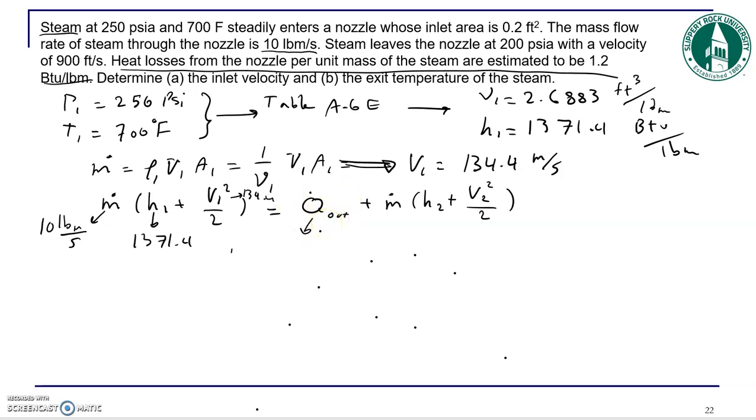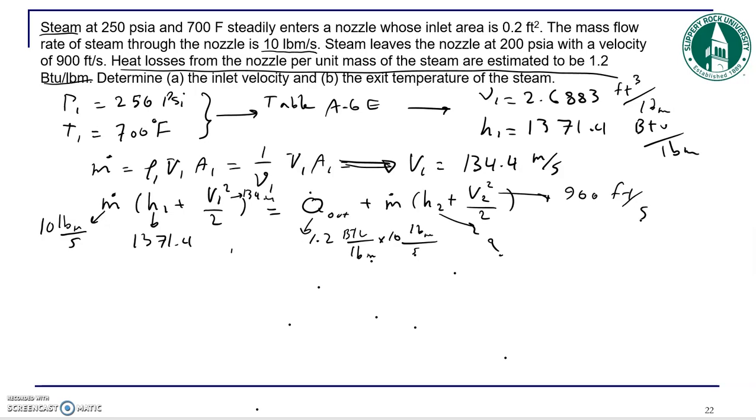So this is 1.2 BTU per pound mass, and we have 10 pound per second, which means that we have 12 BTU per second. That's our Q dot. And m dot the same. We need to find H2. We have the exit velocity to be 900 feet per second, right? What you need to do here is also a conversion factor.